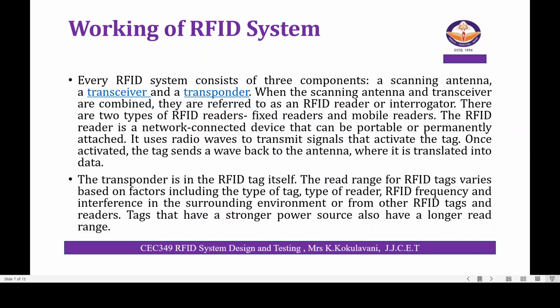The RFID reader is a network connected device that can be portable or permanently attached. It uses radio waves to transmit signals that activate the tag. Once activated, the tag sends a wave back to the antenna, where it is translated into data. The transponder is in the RFID tag itself.